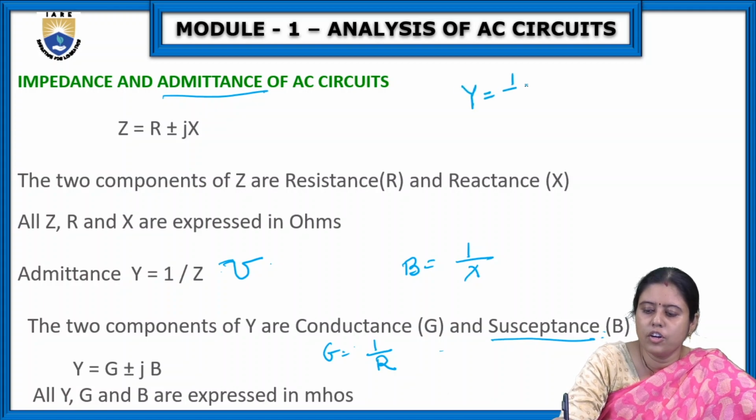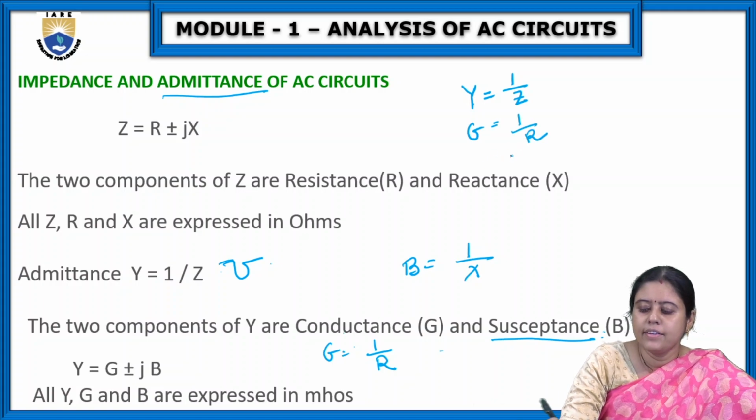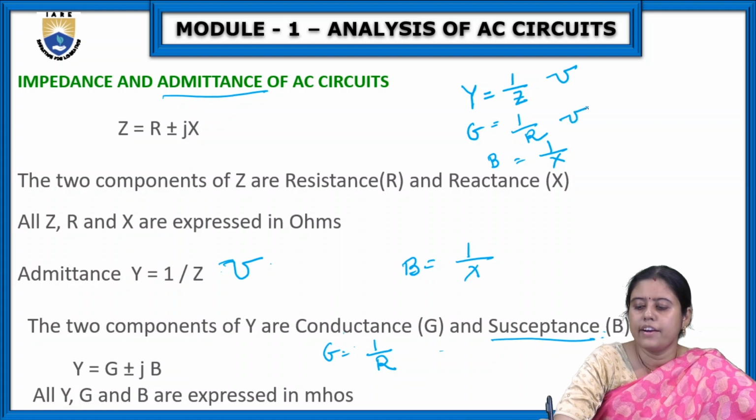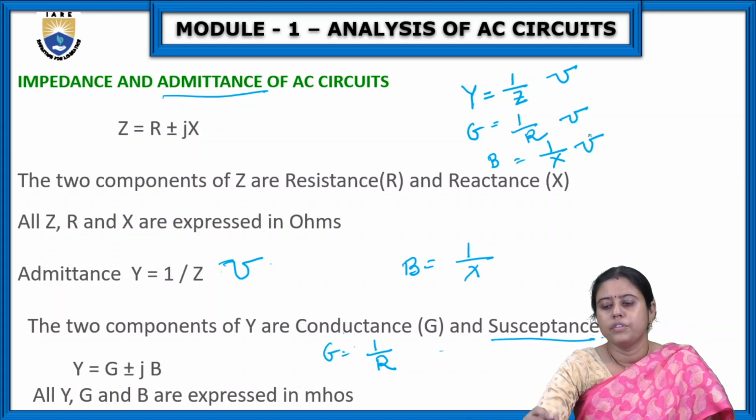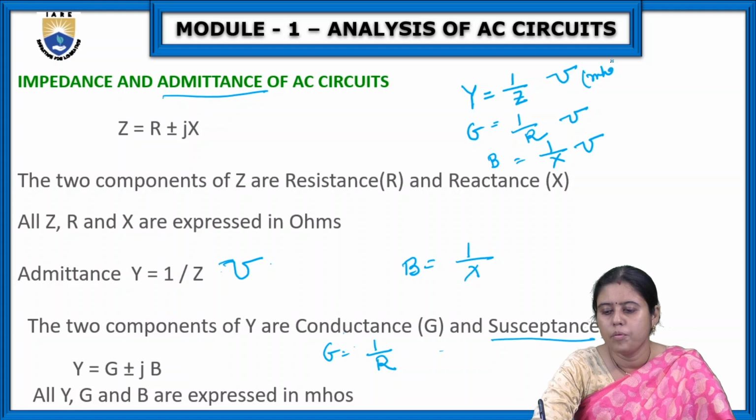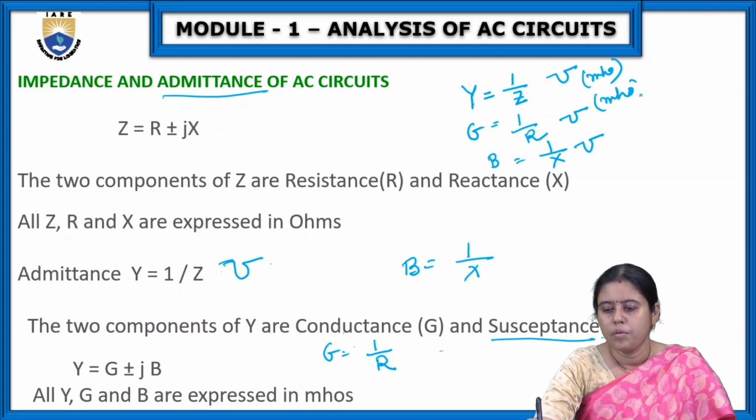Admittance Y is equal to 1 by Z. G is conductance, equal to 1 by R, and B is susceptance, equal to 1 by X, and all three units are written in mho, opposite of ohm.